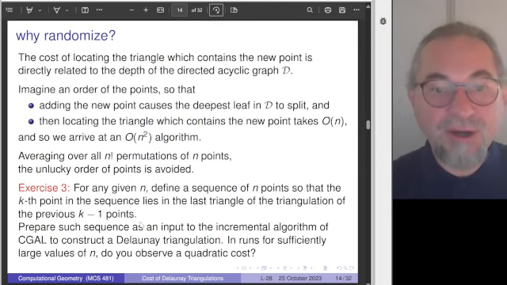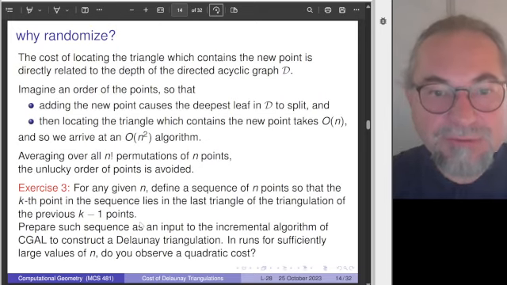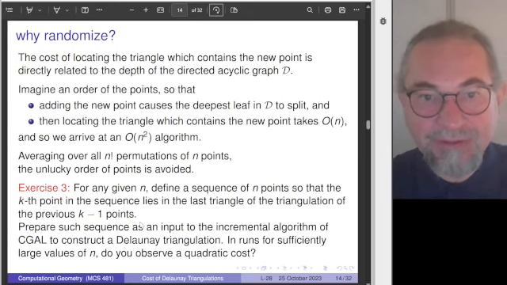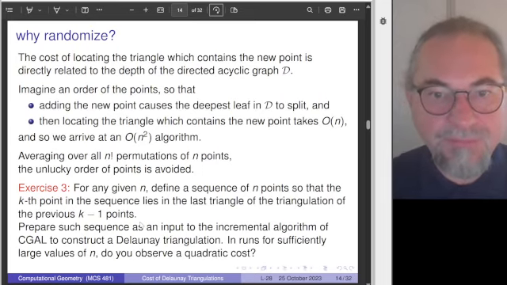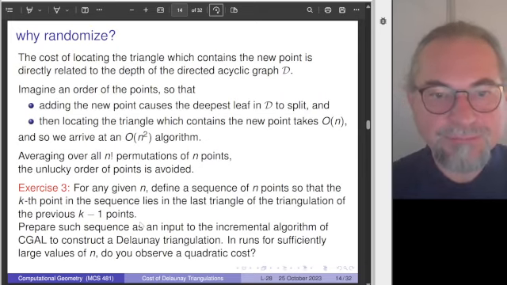Okay, so why randomize here? So I was trying to indicate this. Here it is written now. So if you follow my narrative, then what is written here is confirming this.